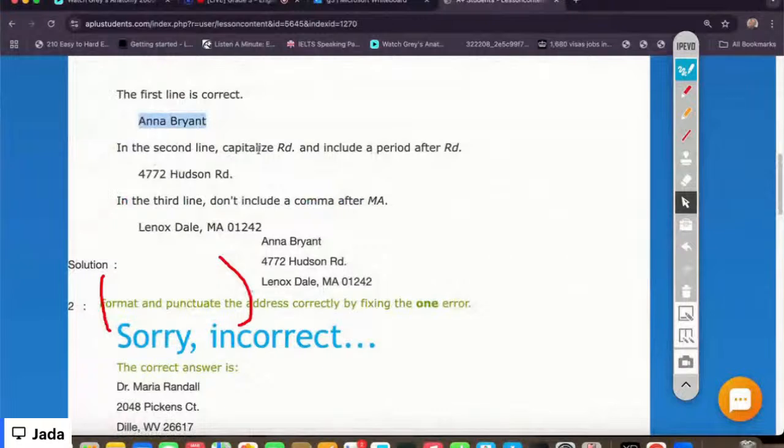Now in the second line, capitalize the RD and include a period after. If you have an abbreviation in the second line, make sure that you include a period. And in the third line, don't include a comma after MA. You do not need a comma after this abbreviation. So make sure that you take note of the right and proper way to format an address.